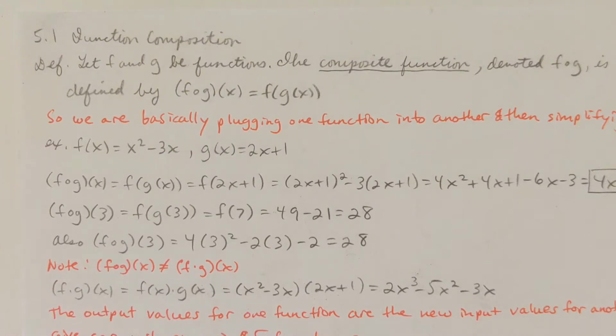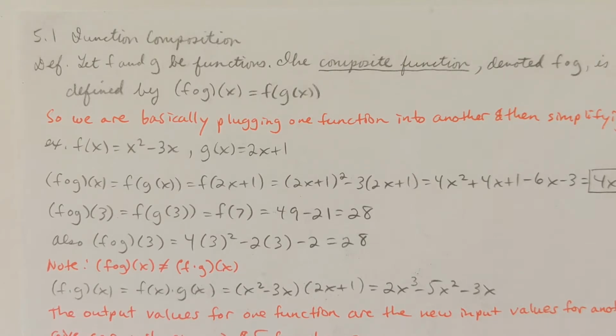Okay, in chapter 5, we're going to talk mainly about logarithms and logarithmic functions. But in section 5.1, we need to be familiar with function composition, along with a couple of other things, before we jump right into logarithmic functions.